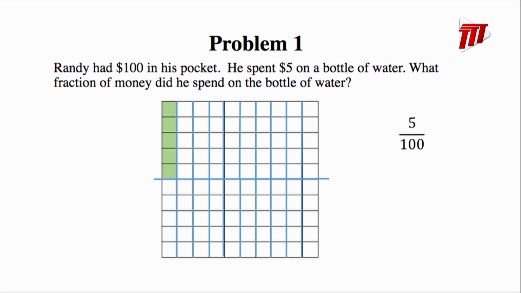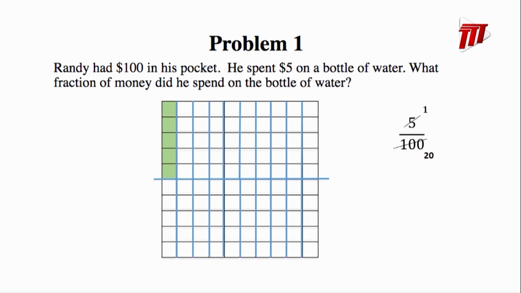Now, the question asks for the fraction. We can reduce this fraction to show that this fraction, if we reduce it, we can get 1/20th. So the fraction of money that Randy spent on the bottle of water is 1/20th. 5 into 5, 1. 5 into 100, 20.